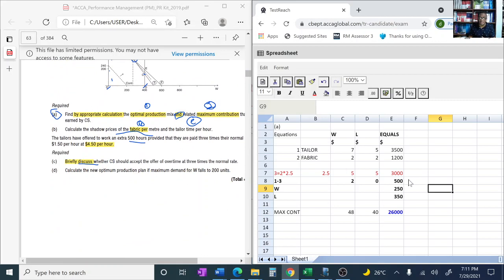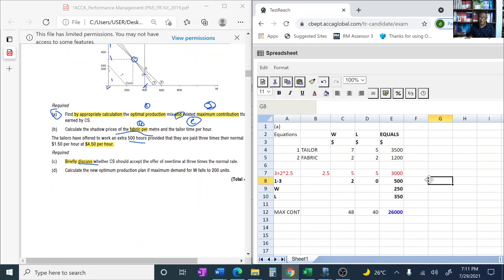So what it literally means is I need to type maybe elsewhere just by this and say produce 250 work suits and 350 lounge suits to maximize contribution, something like that, and obtain a contribution of that. So very simple to do this here.